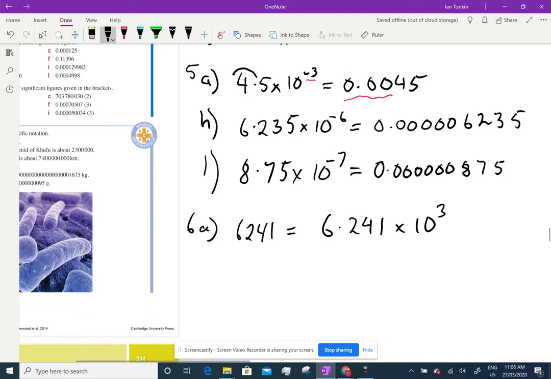I'm only allowed 3 numbers, so I've got to get rid of that 1. Now, if that was a 5 or more, I would round up, but it's not. 6.24, that number there is less than 5, so I do not round at all. I just leave it alone, times 10 to the power of 3.